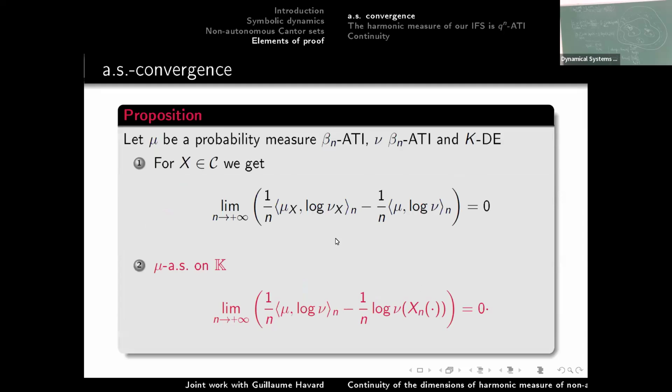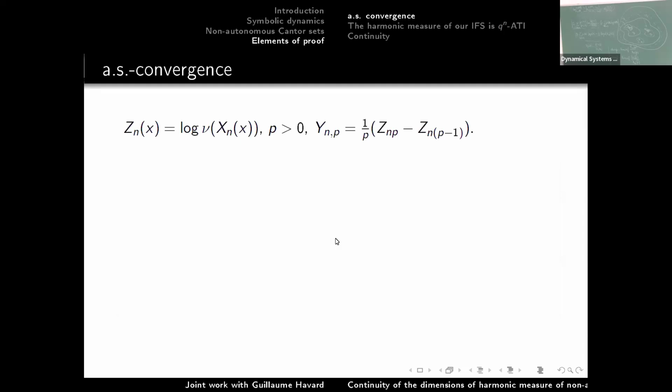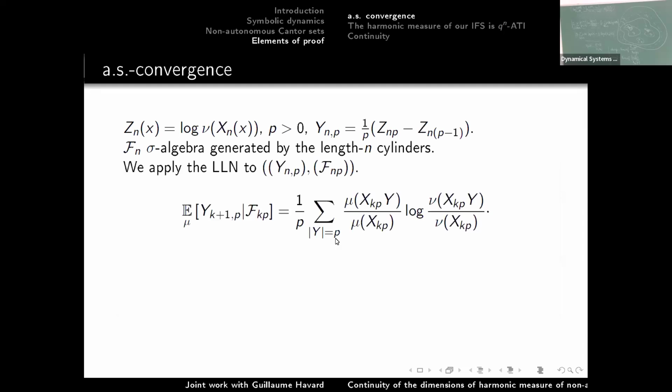Just a small second. Yeah, that's what I wrote here. Okay, so Zn can be written as these random variables. Okay, the sigma algebra I'm talking about is this one. So if you take the expectation, you get exactly this kind of thing. Okay.